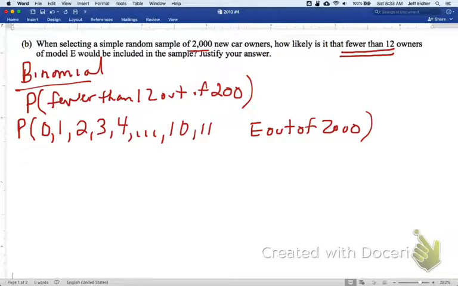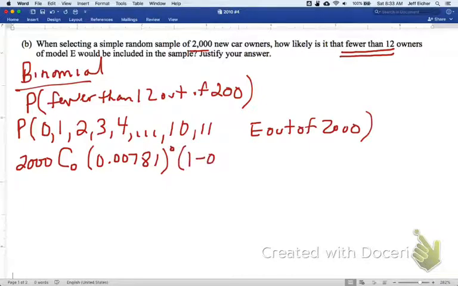To calculate this, you have 2,000 choose 0, times the probability of Model E that we had earlier raised to the 0, times 1 minus that to the 2,000. That's the 0 case.